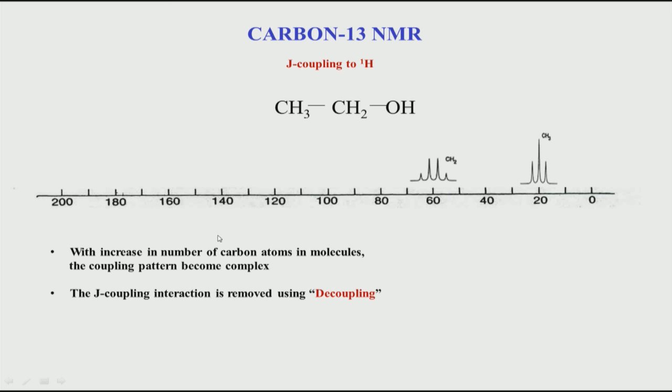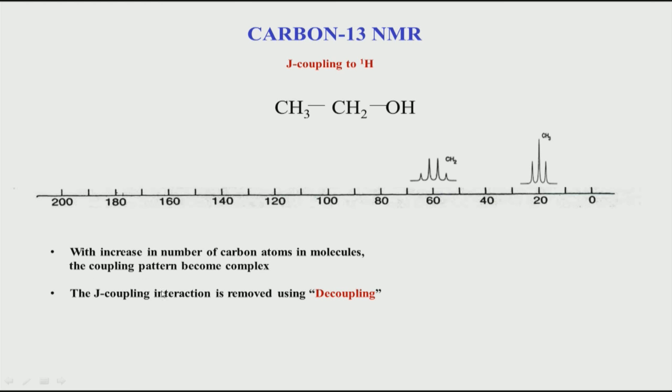With the increase in number of carbon atoms in a molecule, in this case there are only 2 carbons, so there was not a big problem with this coupling; the couplings were well separated. But it can happen that in a large molecule where there are many carbon atoms, this J coupling can be a problem. So, we will see an example of how it becomes complex, and then how you remove that interaction.